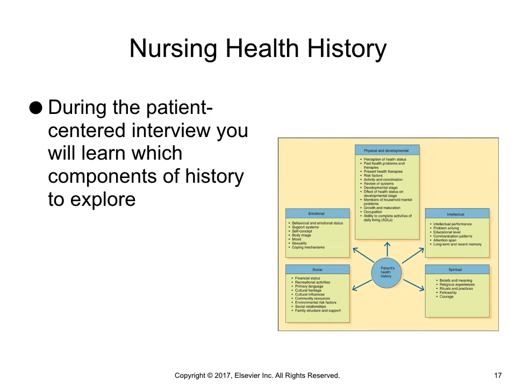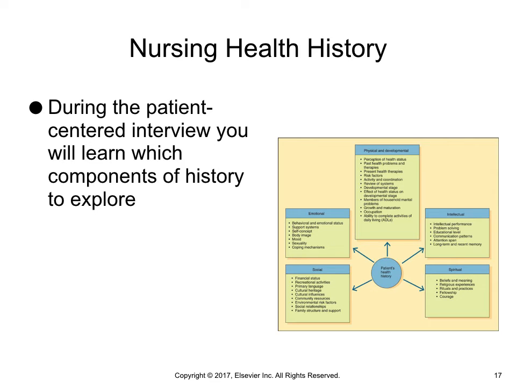Shown as Figure 16.5, dimensions for gathering data for a health history. You will gather a nurse health history during the initial or early contact with the patient. The history is a key component of a comprehensive assessment. On the basis of the information you gain through the patient-centered interview, you will learn which components to fully explore and which require less detail.